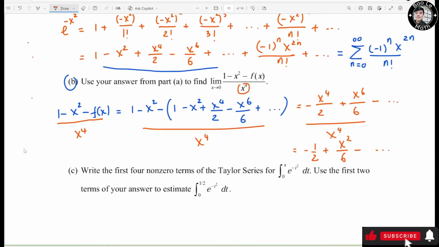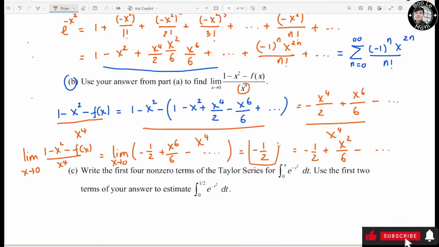So I have the limit of 1 minus s squared minus f of s over s to the 4 when s approaches 0. It's going to be the limit of negative 1 over 2 plus, subtract etc. When s approaches 0, the other terms approach 0, and the answer is negative 1 over 2.